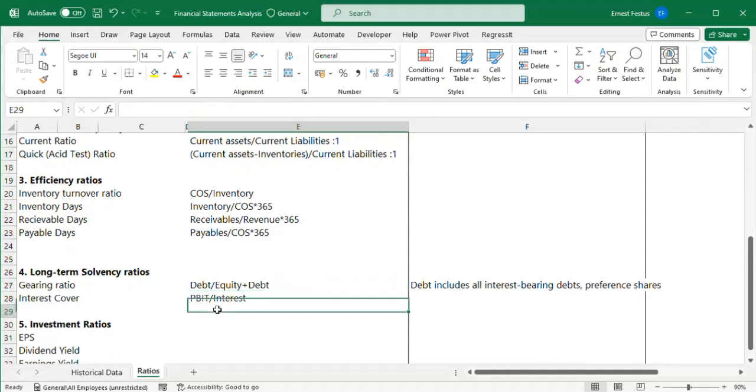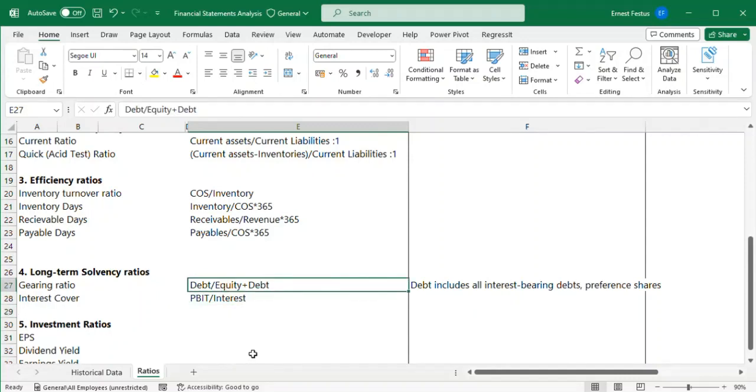Now we can say that a company is said to be highly geared if this particular ratio is very high. When you say it is very high, it means that a substantial portion of its capital, and when we talk about capital here, we're talking about debt plus equity, is in the form of debt, which is interest bearing debt, preference shares, long term loans or borrowings.